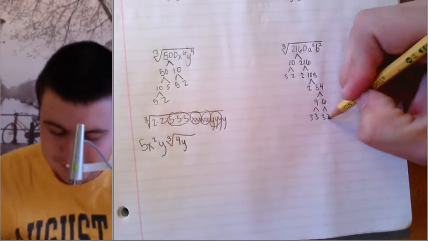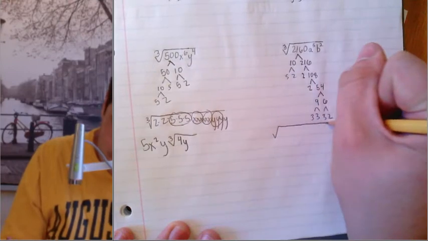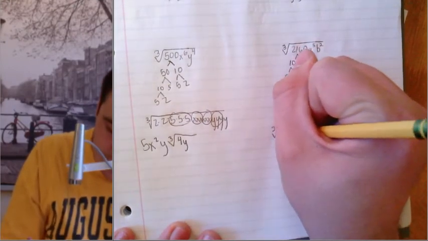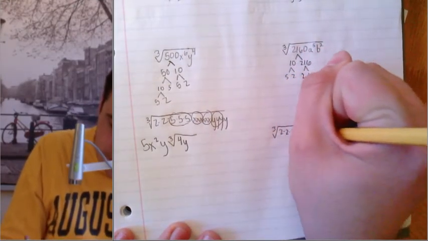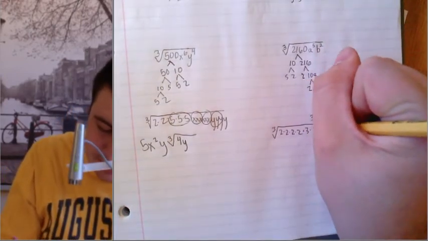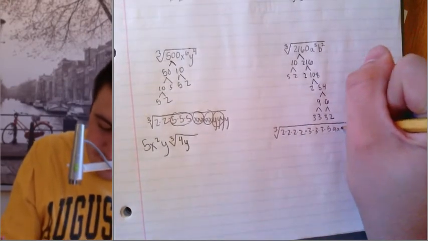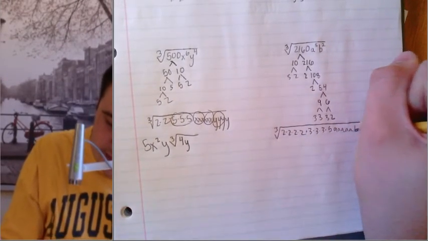So let's see, we have four 2's, three 3's, a 5, 5 a's, and 2 b's.